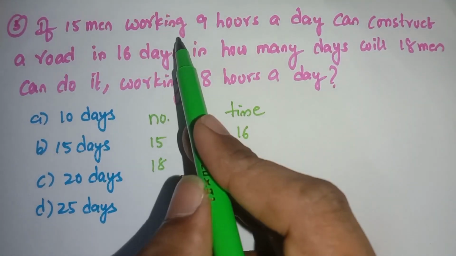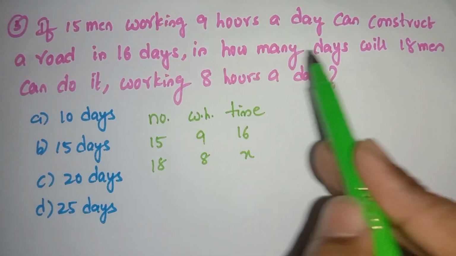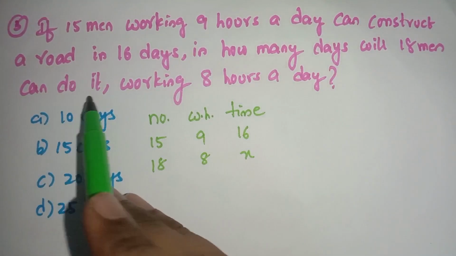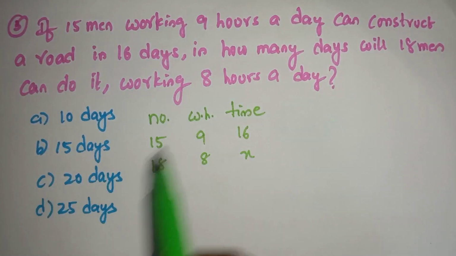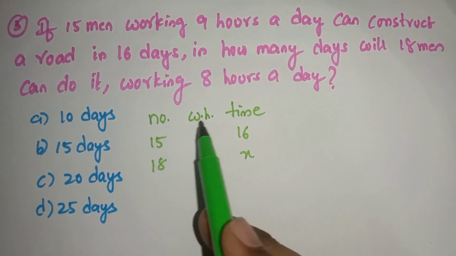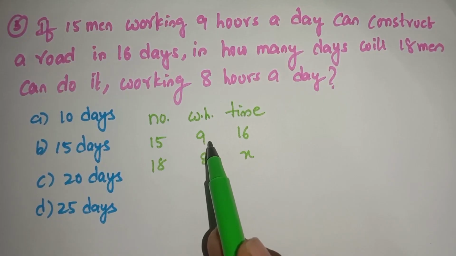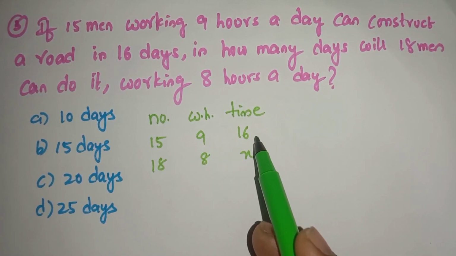If 15 men working 9 hours a day can construct a road in 16 days, in how many days will 18 men do it working 8 hours a day? Here we have three variables, that is number of men, number of working hours, and the time duration. 15 men working 9 hours a day can complete the given task in 16 days.